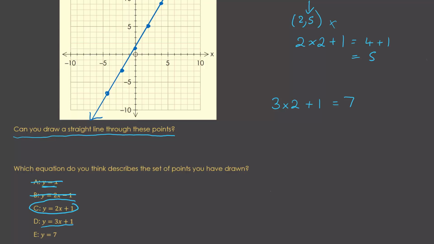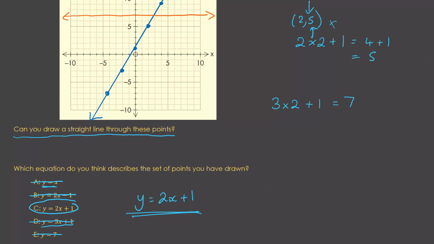And then y equals 7, well, we can see here that the y coordinate is not 7. As we've discussed, y equals 7 would be this line just here, where all the y coordinates are 7. So we can eliminate these bottom two, and it seems that y equals 2x plus 1 is the best choice.